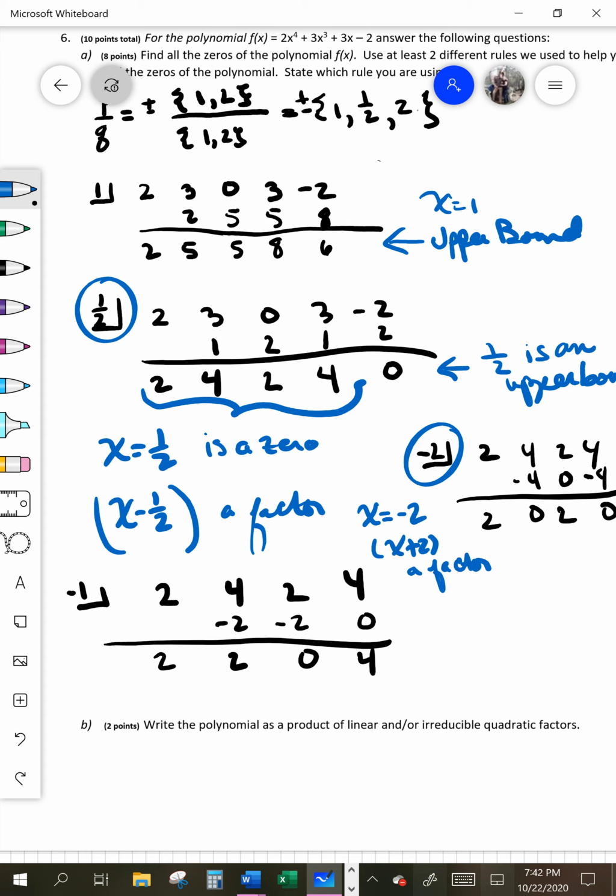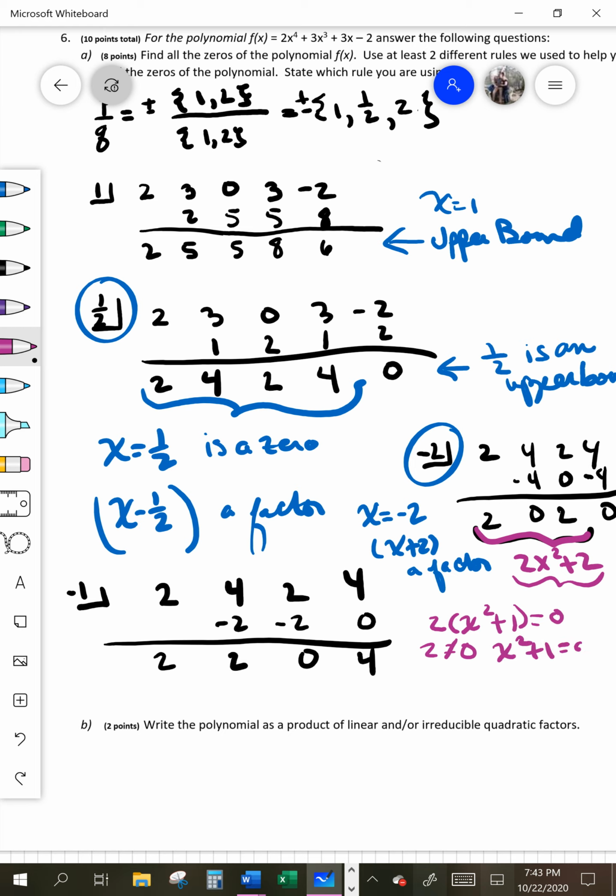This bottom row is a quadratic, so it will be right here: 2x squared plus 0x, so I don't need to put that, plus 2. For this factor, let's figure out when it is 0. Let's pull out the 2. When is 2 times the quantity x squared plus 1 equal to 0? Well, 2 is never equal to 0, so when is x squared plus 1 equal to 0?